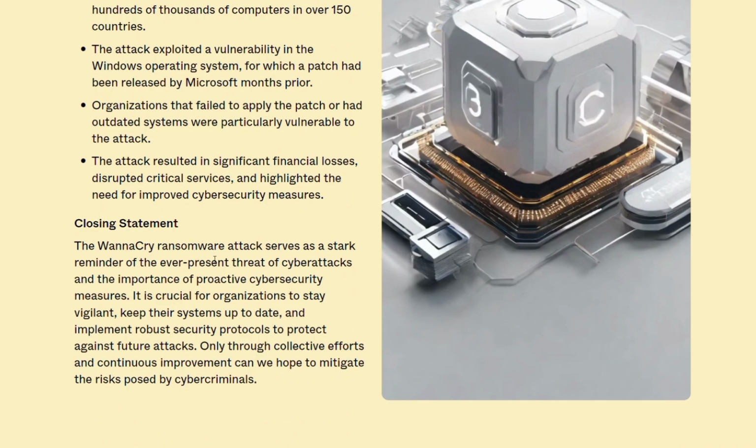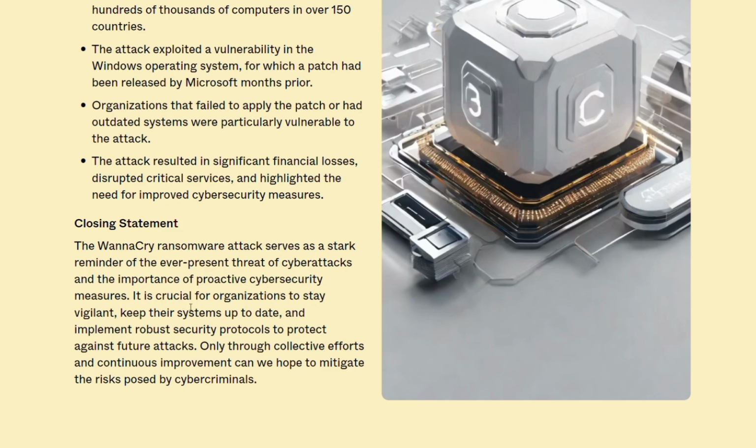Closing statement. The WannaCry ransomware attack serves as a stark reminder of the ever-present threat of cyber attacks and the importance of proactive cybersecurity measures.